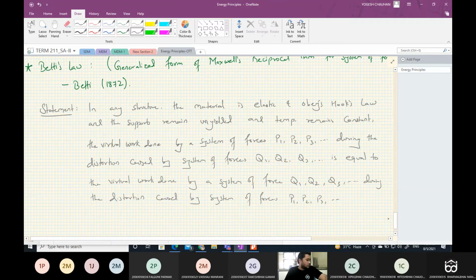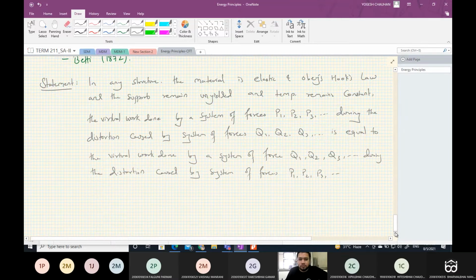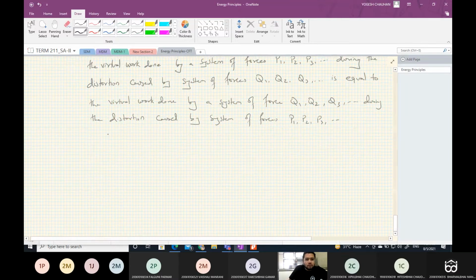So to understand this, consider a beam AB, this is A and this is B. Okay.